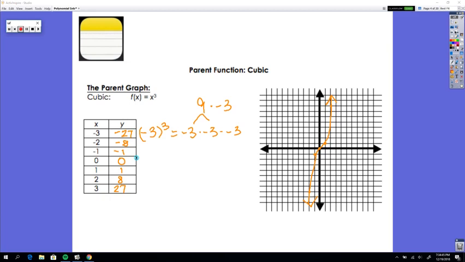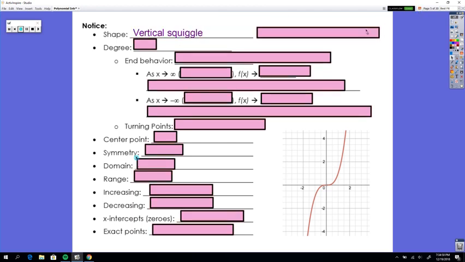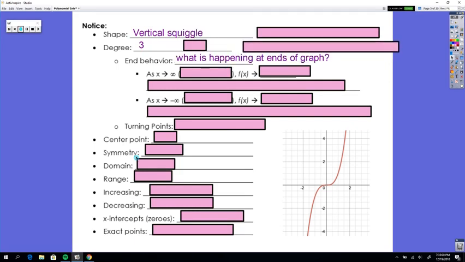Now here are some basic characteristics of our cubic function. The shape kind of looks like a vertical squiggle. The degree is 3. The end behavior is what is happening at the ends of the graph.